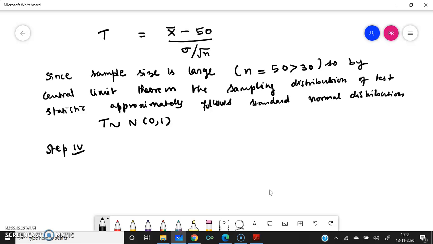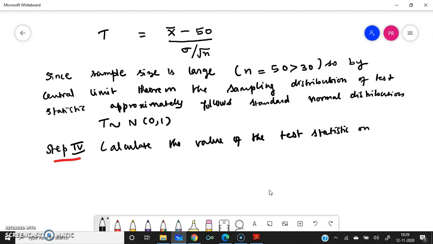The last step, step 4, is to calculate the value of the test statistic on the basis of the sample observations. We take some sample and we calculate this test statistic.